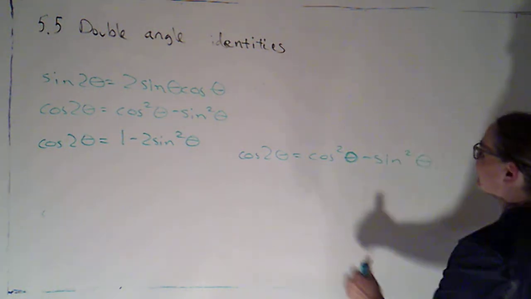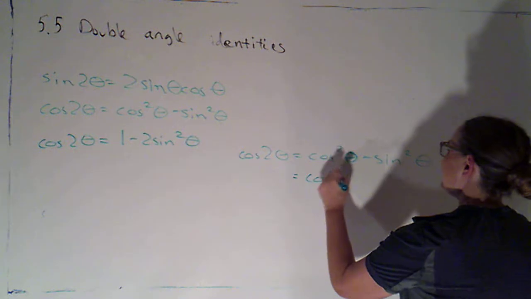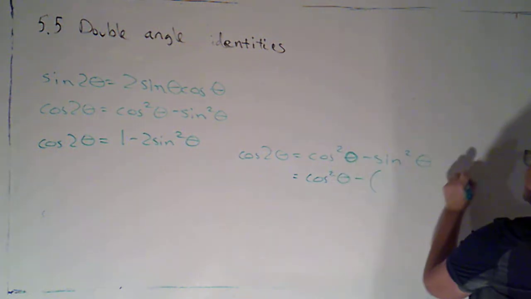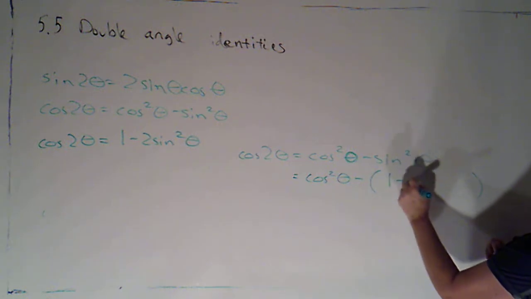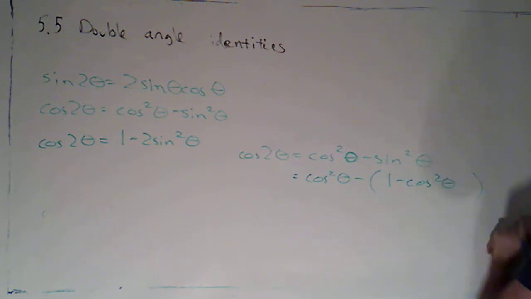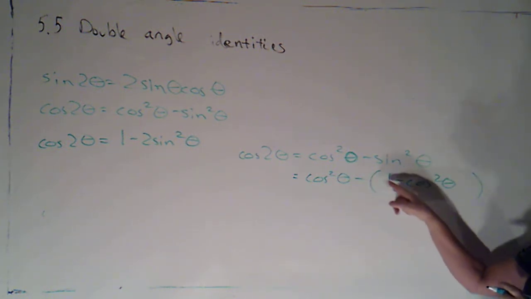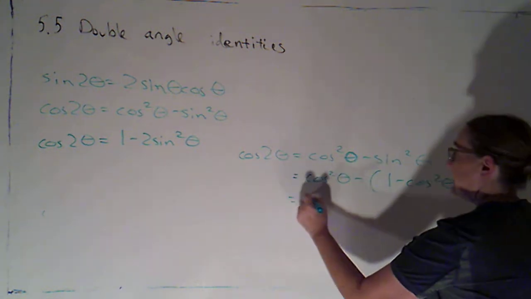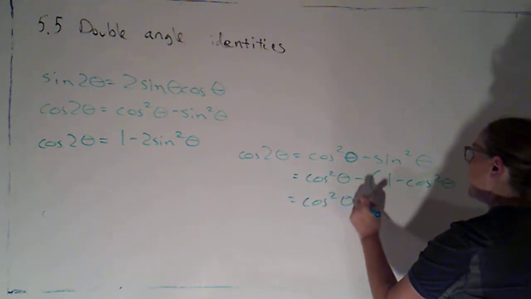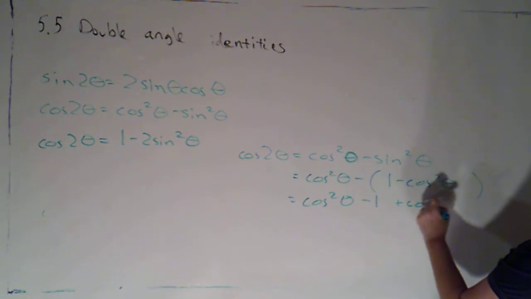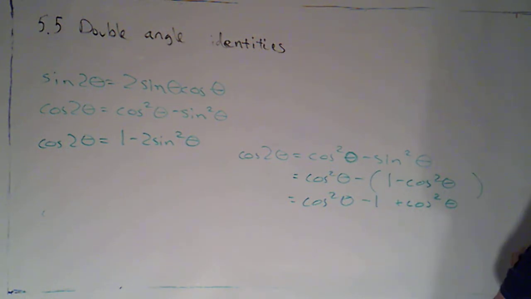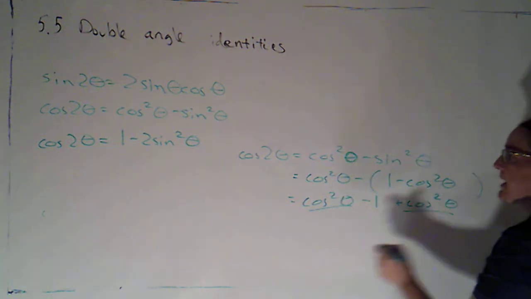Welcome back. So we'll have cosine squared theta minus, now I'm going to put some parentheses here. Sine squared I know is the same as 1 minus cosine squared. Now I've got to distribute that negative, so this is going to be cosine squared minus 1 minus a negative, so plus cosine squared theta, and then I can combine those like terms.